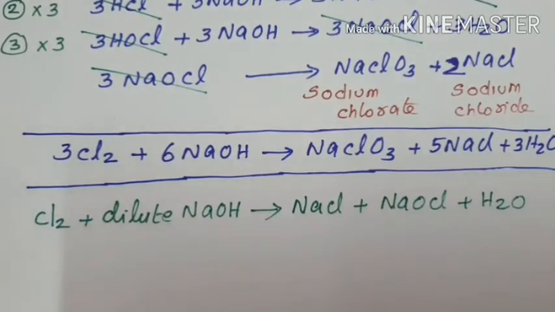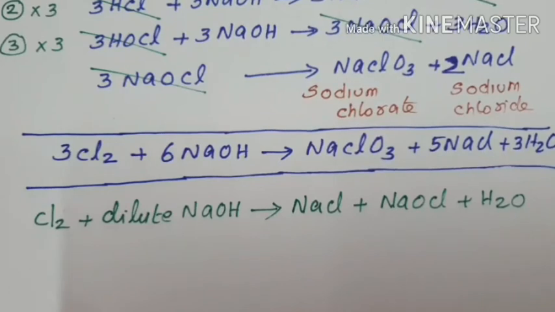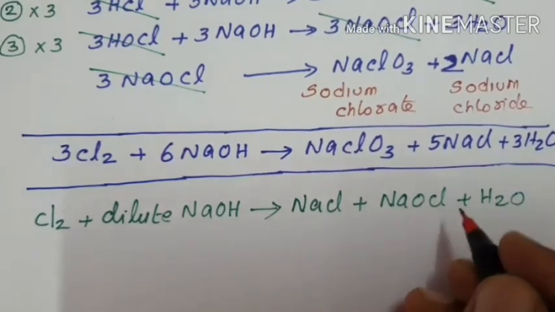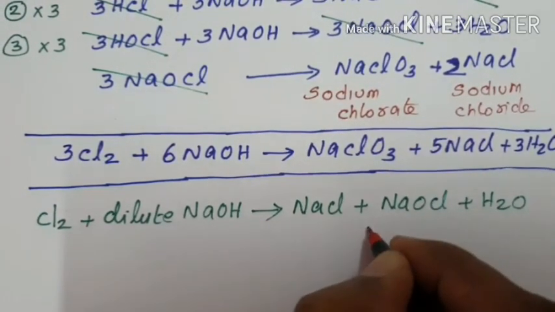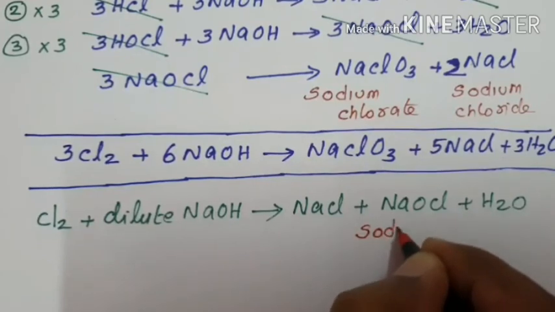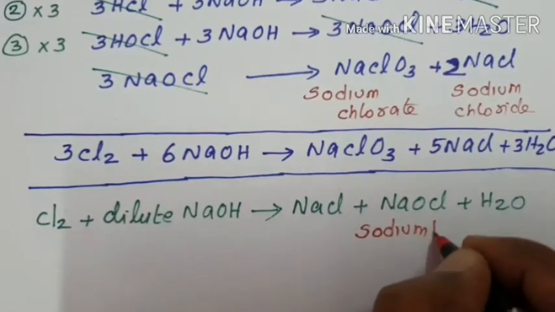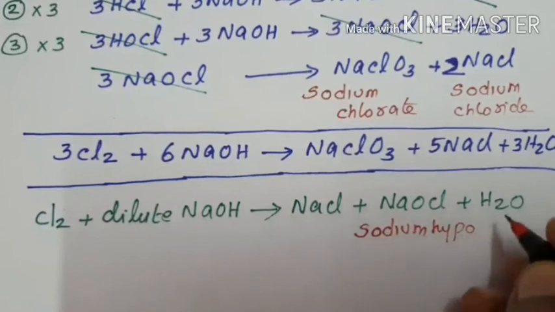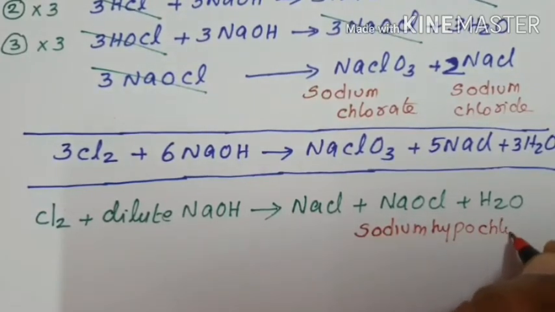I will write the names of these compounds. NaCl is sodium chloride. NaOCl is sodium hypochlorite. Note the spelling.